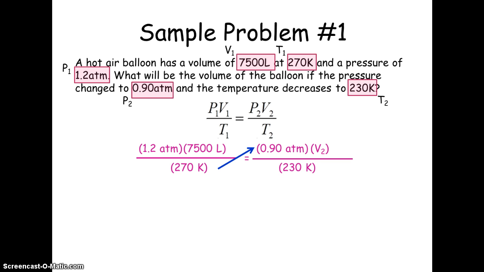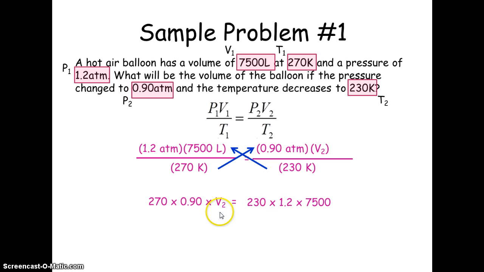So what we do is we multiply 270 times 0.9 times volume 2. So on one side, we've got all these variables. On the other side, we're going to cross multiply these, and end up with 230 times 1.2 times 7,500.